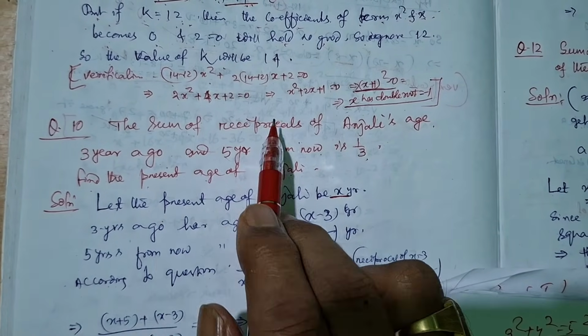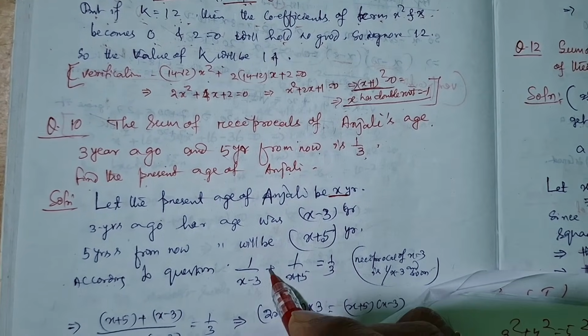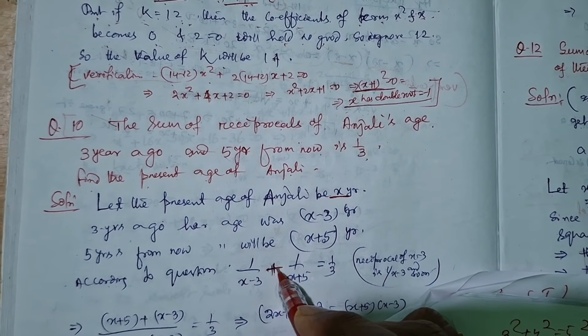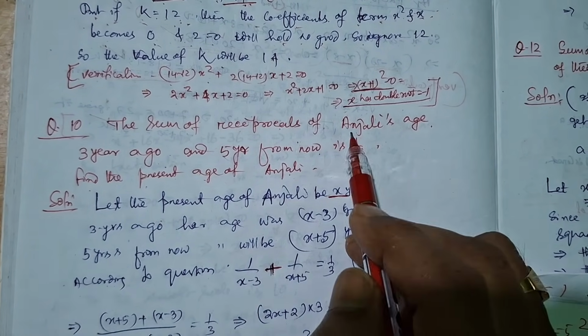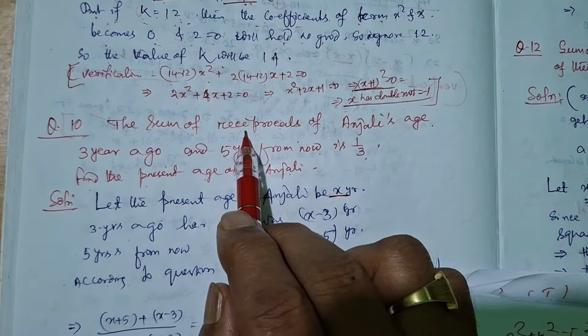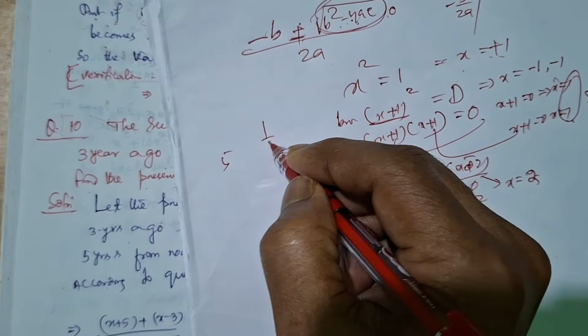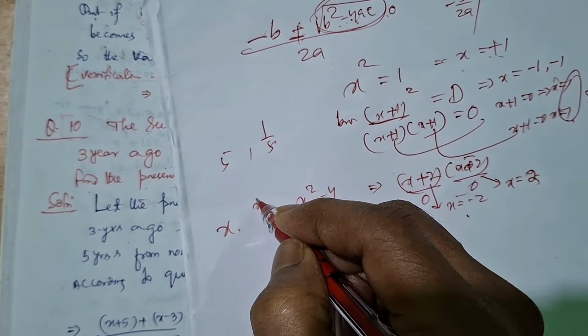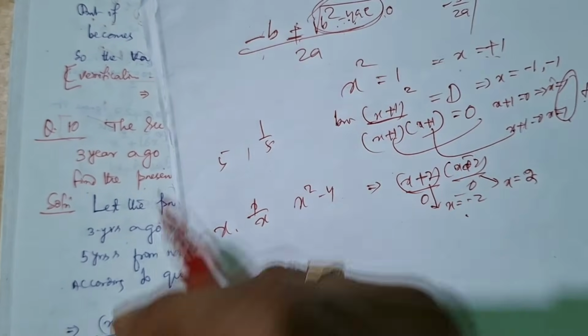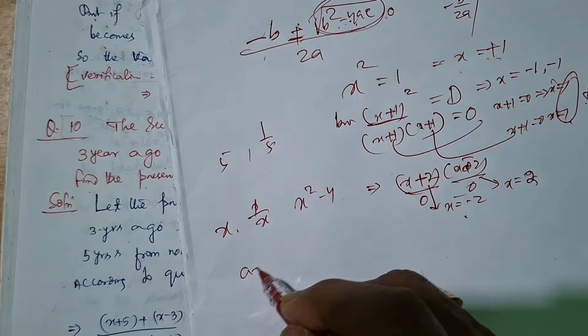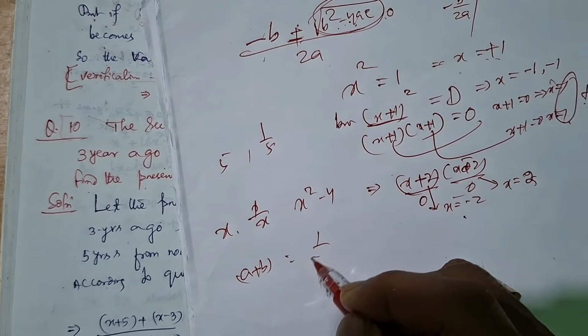Now, the sum of reciprocals. First, you come to this sum, plus sign. Reciprocal of 5 is 1 by 5. Reciprocal of x is 1 by x. It means just 1 by the number. Reciprocal of a plus b is 1 by a plus b.